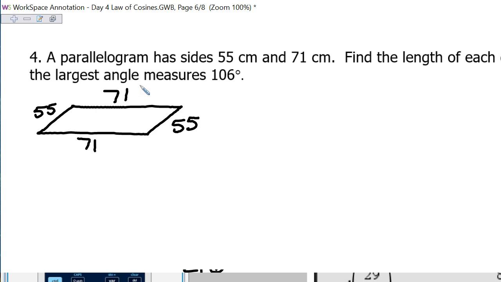And they tell us that the largest angle is 106. So in the parallelogram, we have an obtuse angle and we have an acute angle. So if it's 106 degrees, that's the obtuse angle. And they want us to find the diagonal. So here is, I'll call this diagonal 1.